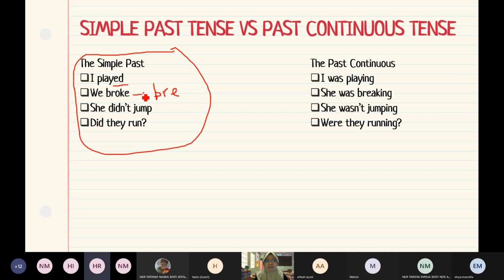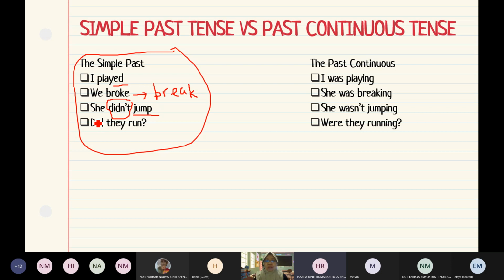So the past tense is broke. Next one, she didn't jump. And the other example is did they run. So you have to bear in mind after this word didn't or did not or did, you have to write the root word. No need to put ed.